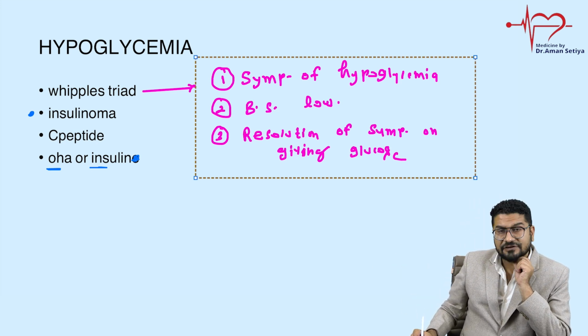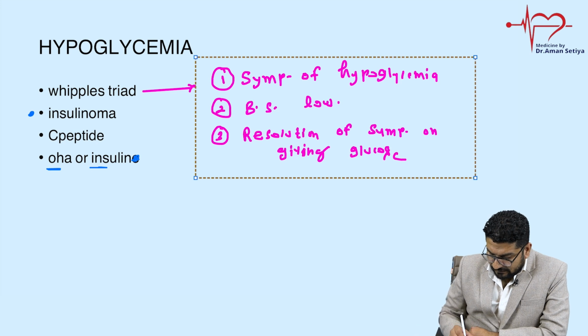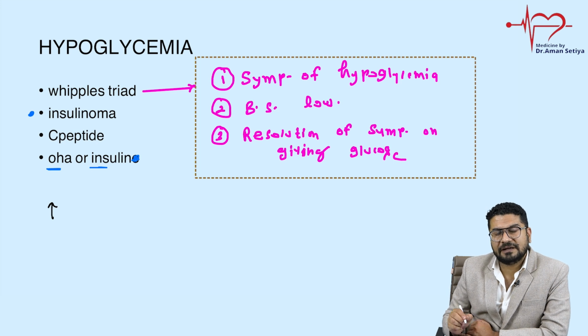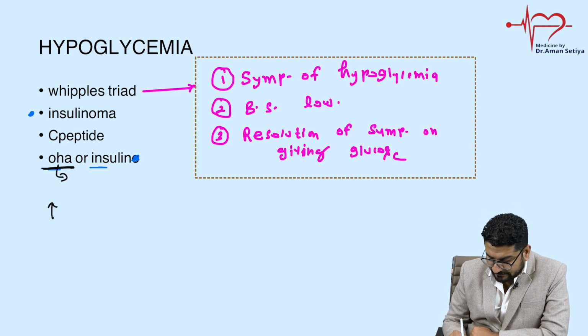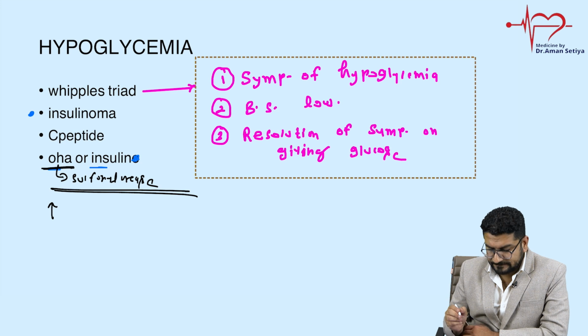Insulinoma is a tumor which can cause this. How do we differentiate? Most of the time the patient has taken sulfonylureas, the important OHA, so the possibility is an overdose of sulfonylureas or insulin.